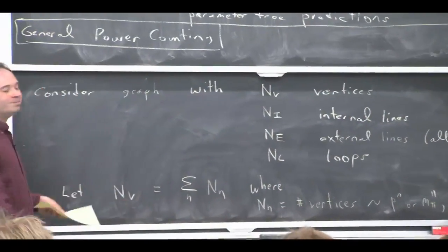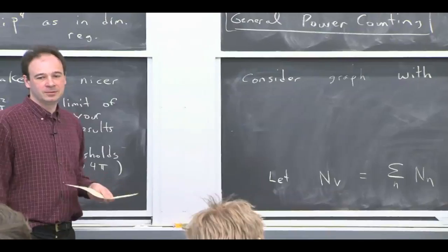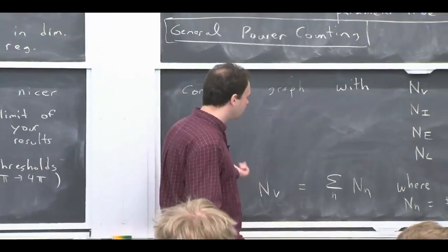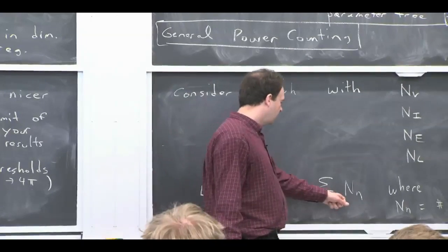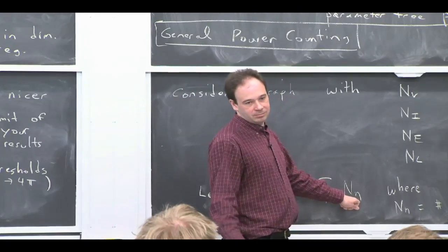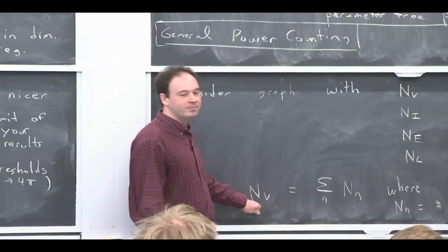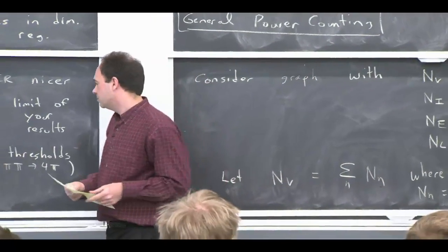But n of them. All right? So hopefully that's clear. So if I have 2 insertions of the leading order Lagrangian and 1 insertion of the subleading, then n sub 0 would be 2, and n sub 1 would be 1. And the total would be 3. That's what this notation means.